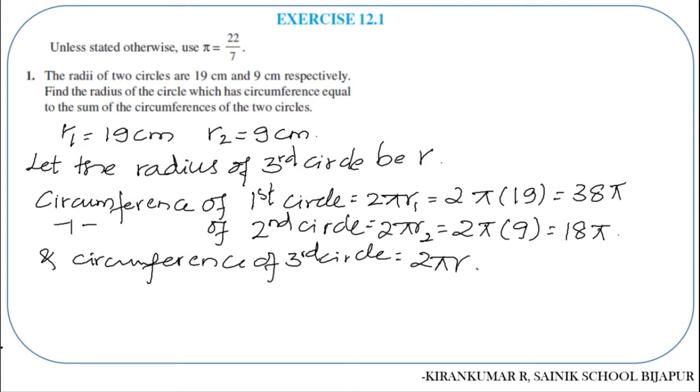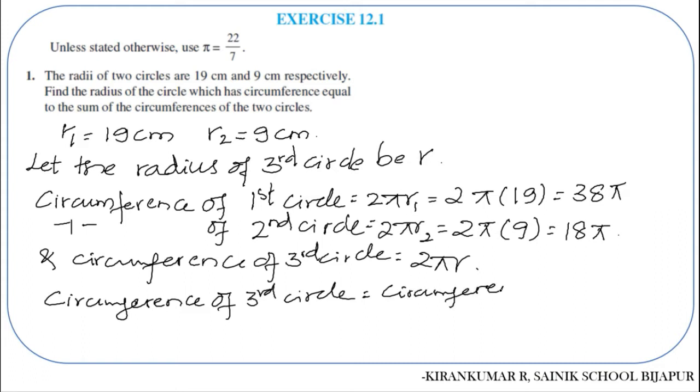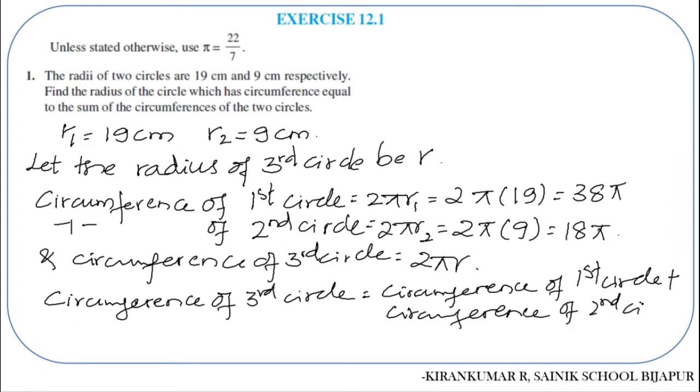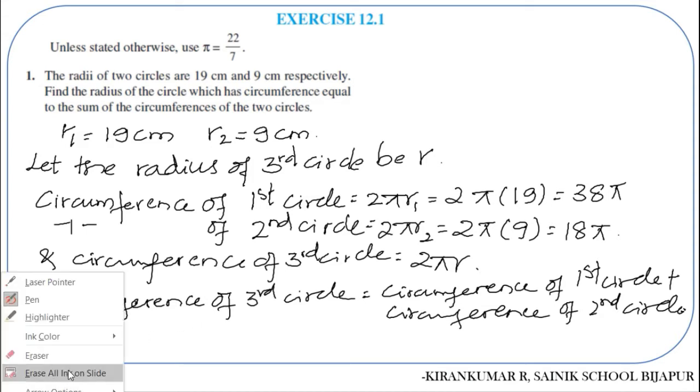According to the question, circumference of third circle is equal to the circumference of first circle plus the circumference of the second circle. We shall make use of this relation.